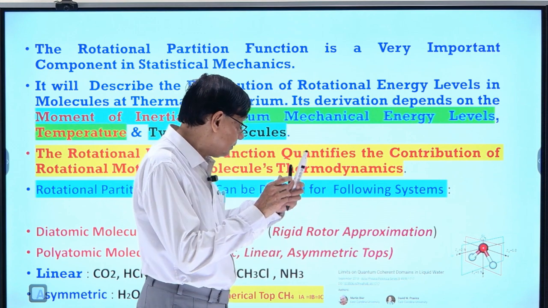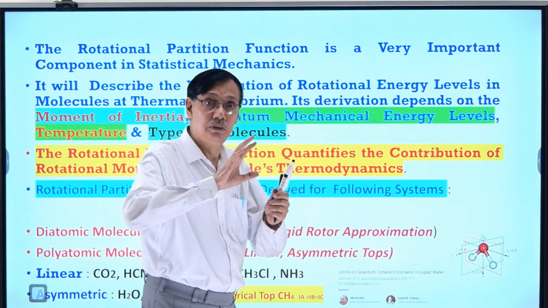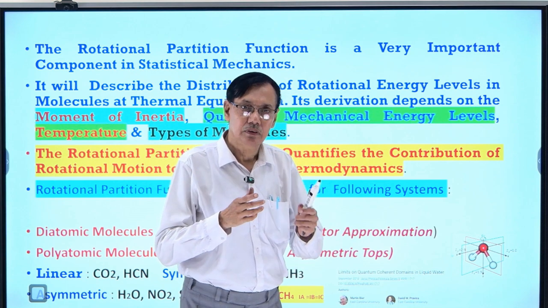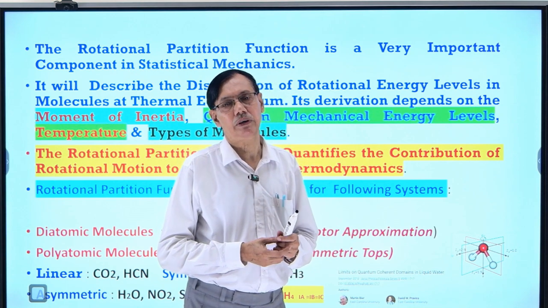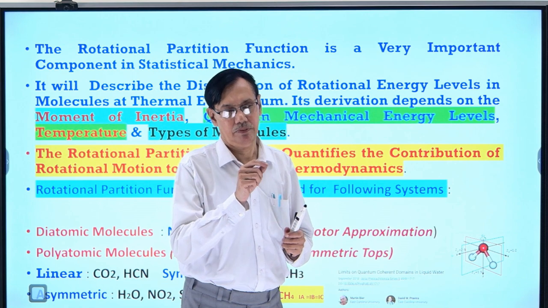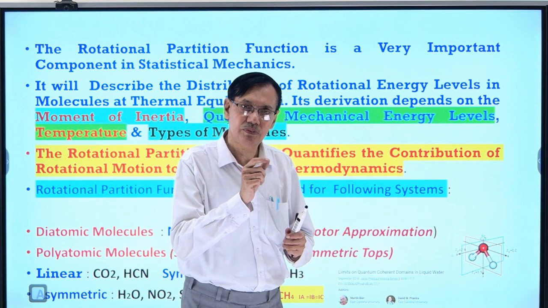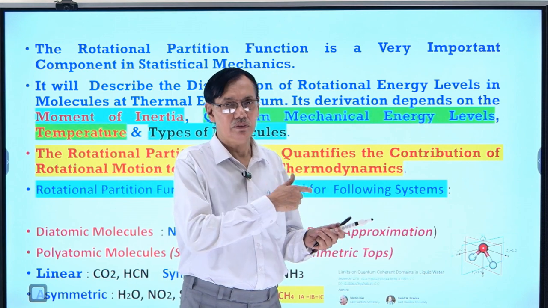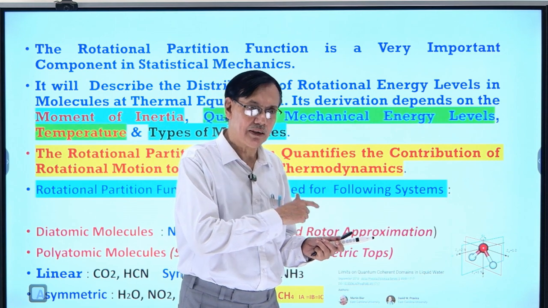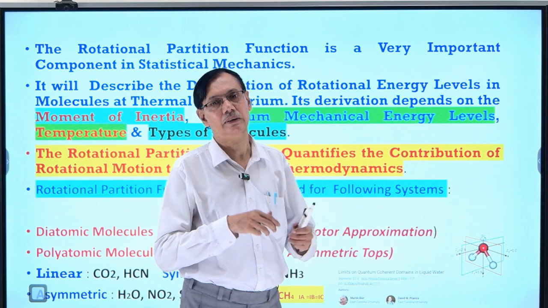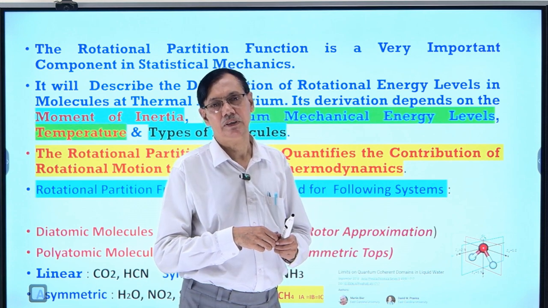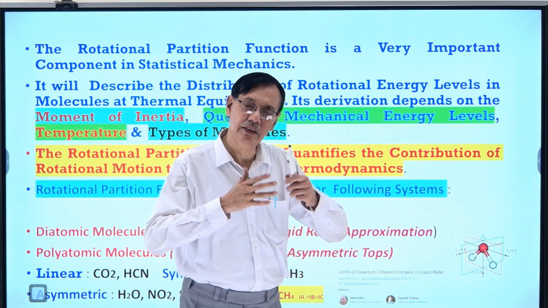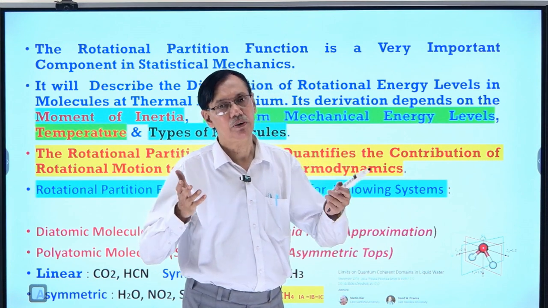But because it rotates in 3 axes, if I want to know the moment of inertia, one axis is different, second axis is different, third axis is different. So, in a water molecule, if I want to calculate the rotational partition function, the formula will be different, because of the three different moments of inertia.